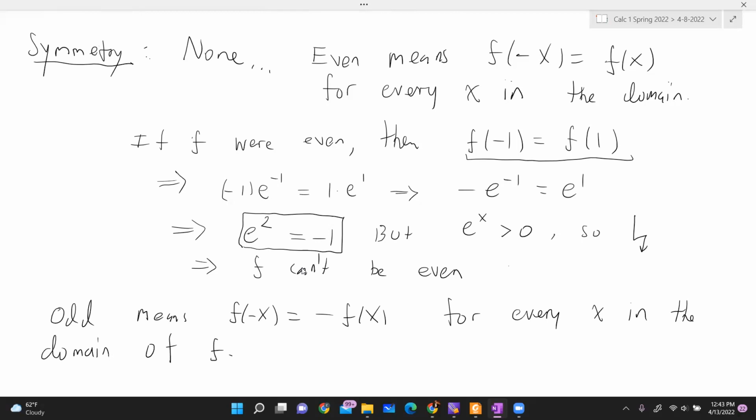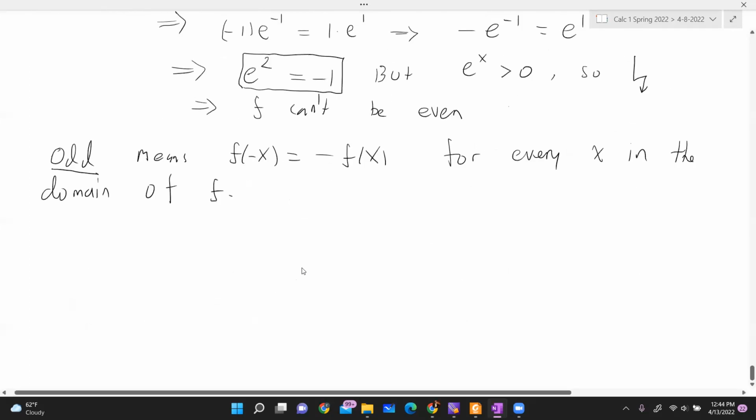And again, for a function to be odd, first of all, the minimal requirement is that the domain has to be symmetric about the origin. So you need symmetry about the origin of your domain for even and odd functions. And again, our domain is the whole real line, so it is symmetric about the origin, so it makes sense to ask whether this function's odd. But it's going to turn out that it's not.